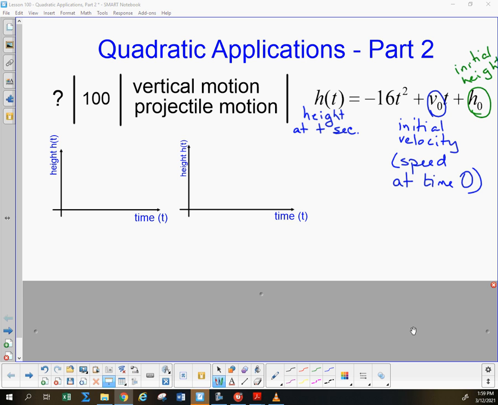Notice that if we are drawing a graph of this, maybe we start at initial height and it goes up. Now this is time. This is not how far away. This is throwing something straight up in the air. So if I did the horizontal distance over here, I might be starting someplace, throwing it straight up, and then it comes straight down.